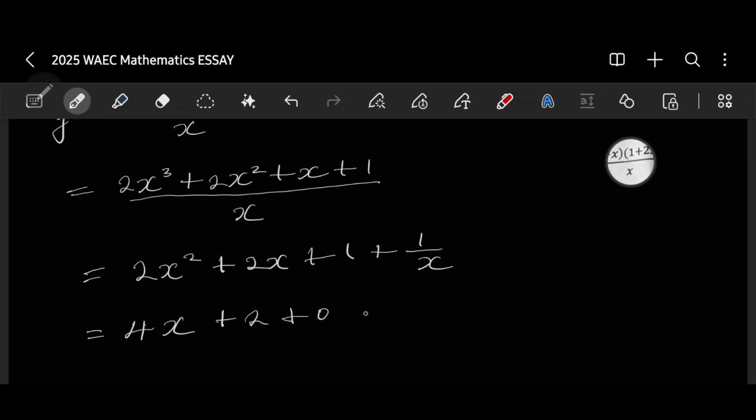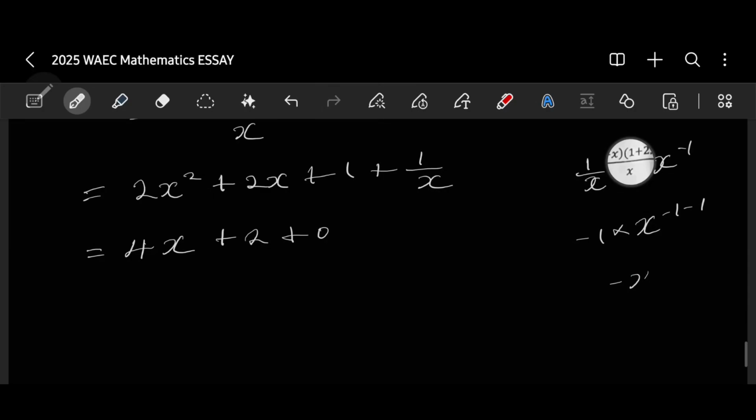Now 1 over x can be written as x raised to the power of minus 1. To differentiate it, I multiply by minus 1, then subtract 1 from the power.